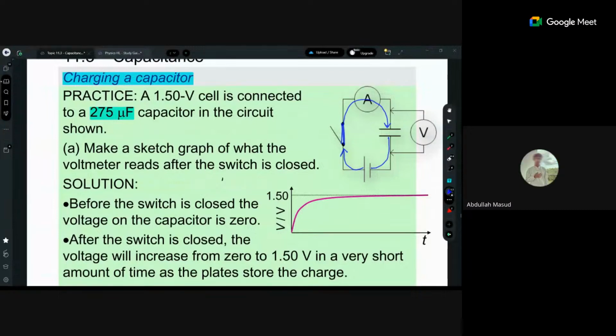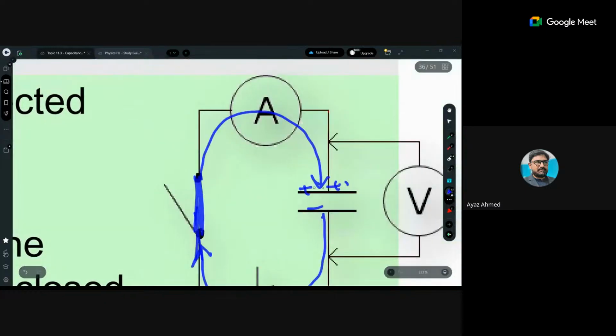So there is no voltage at all at the capacitor. Then what will we do? We will close the switch, and the charges flow from one plate to the other, and in this way energy will be stored on that. So finally, when all of the voltage is across it, it would behave just like an open switch.